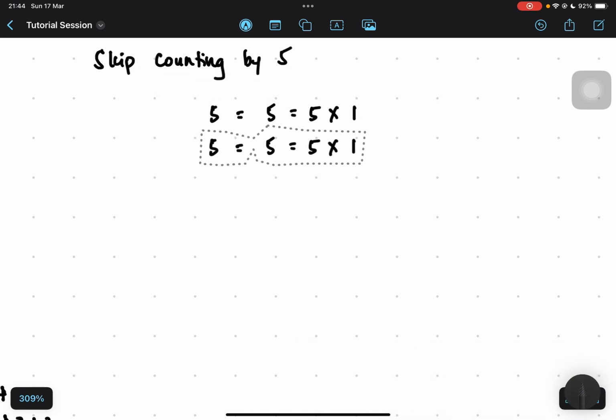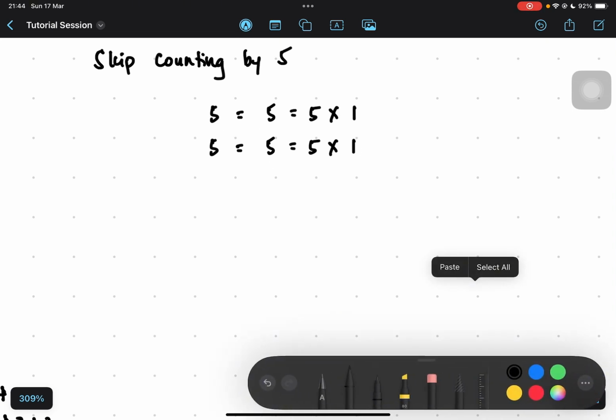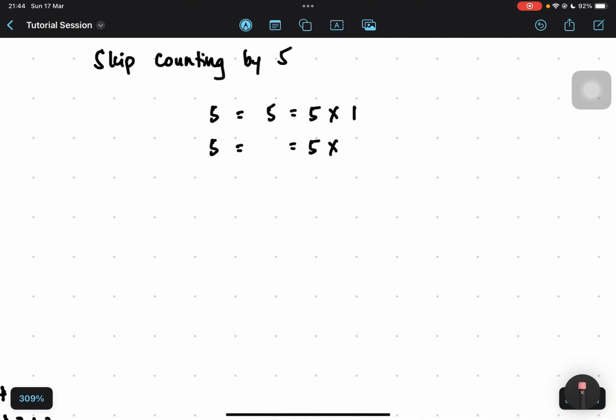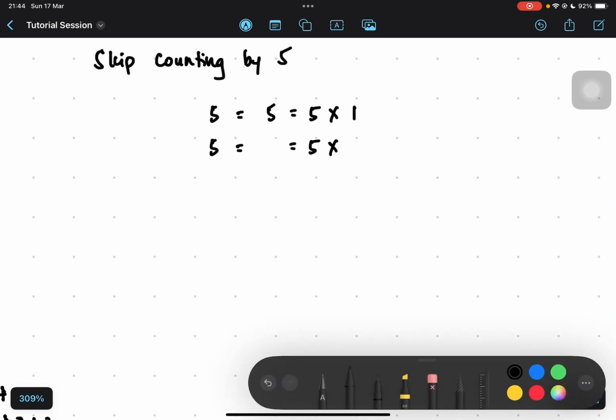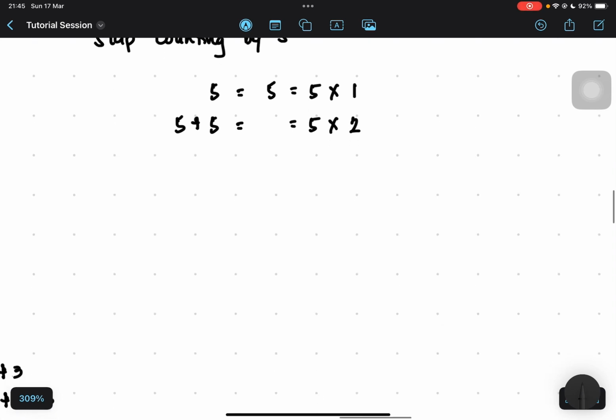For this one, let's try different. How about this 5 adds another 5? So there are 2 fives. And 5 added by 5 equals 10.